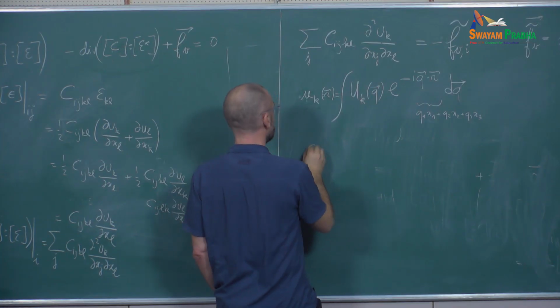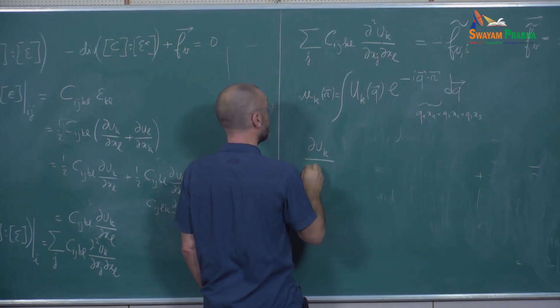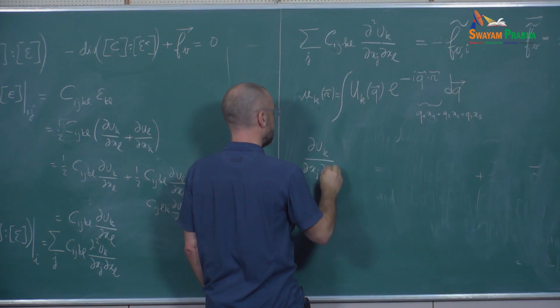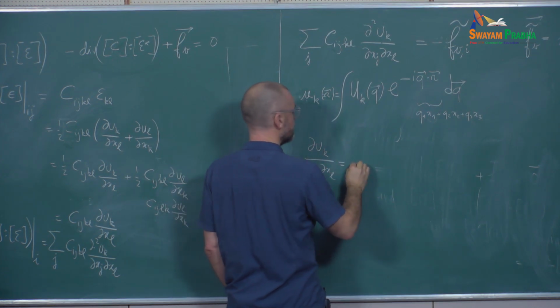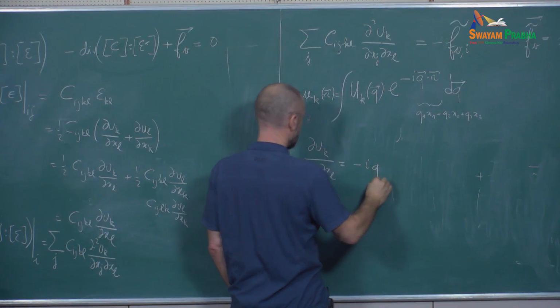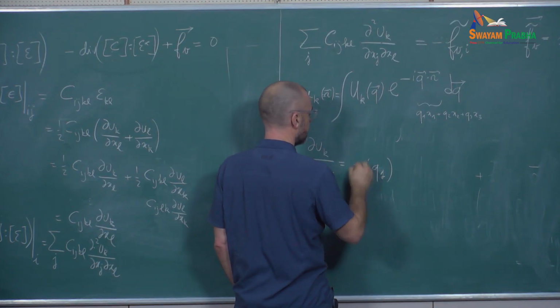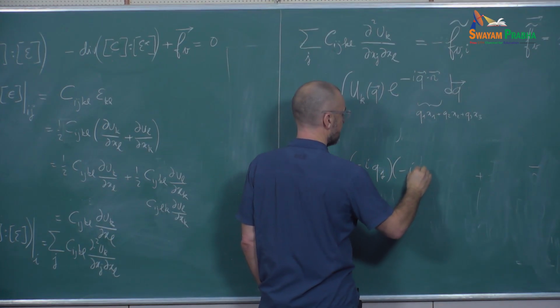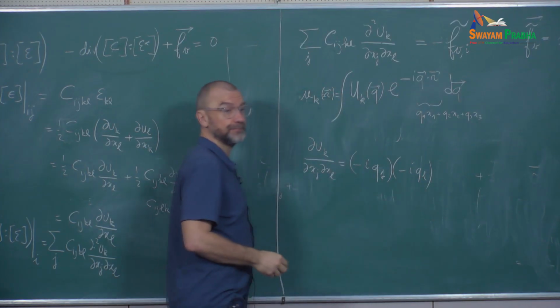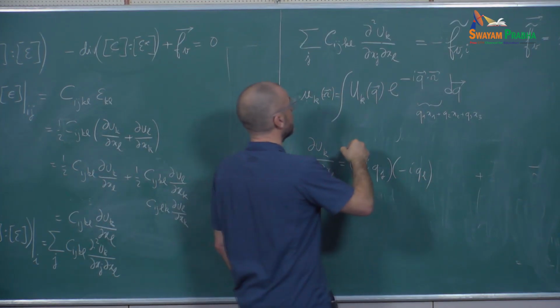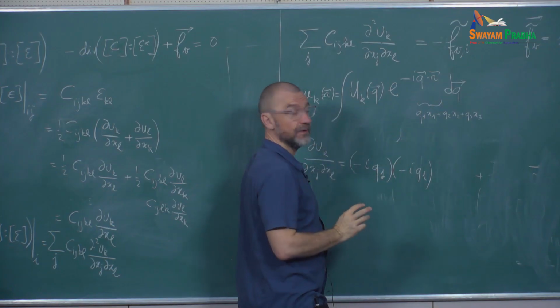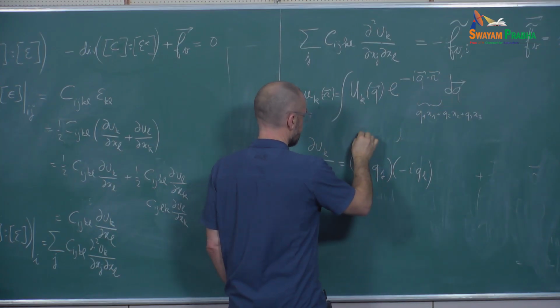If I take the second derivative with respect to xl, I'm going to have another. So this is d²uk over dxj dxl. This is minus iqj, minus iql. And then I have the same function here, which is dependent on k.